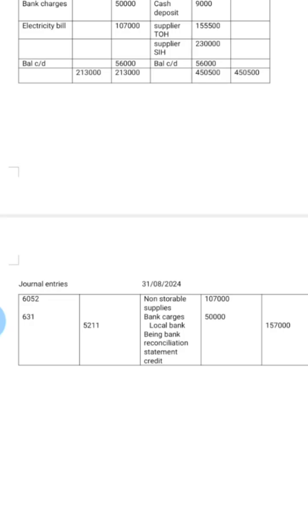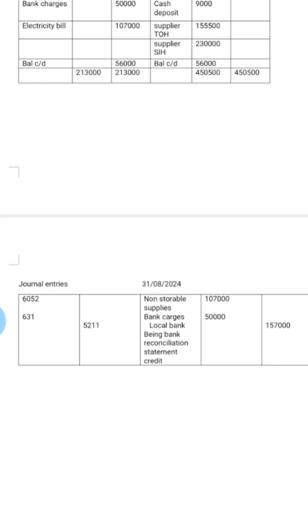So with the bank reconciliation statement, we record only the bank account, since it is the enterprise that is doing the reconciliation. So the enterprise will record only the bank account, that's the account kept by them. The bank statement, of course, the bank will take care of what they are doing.